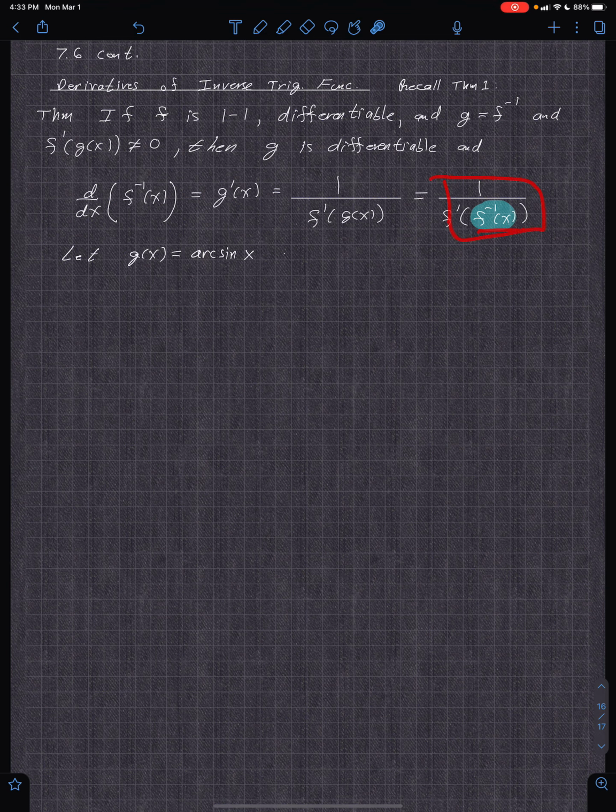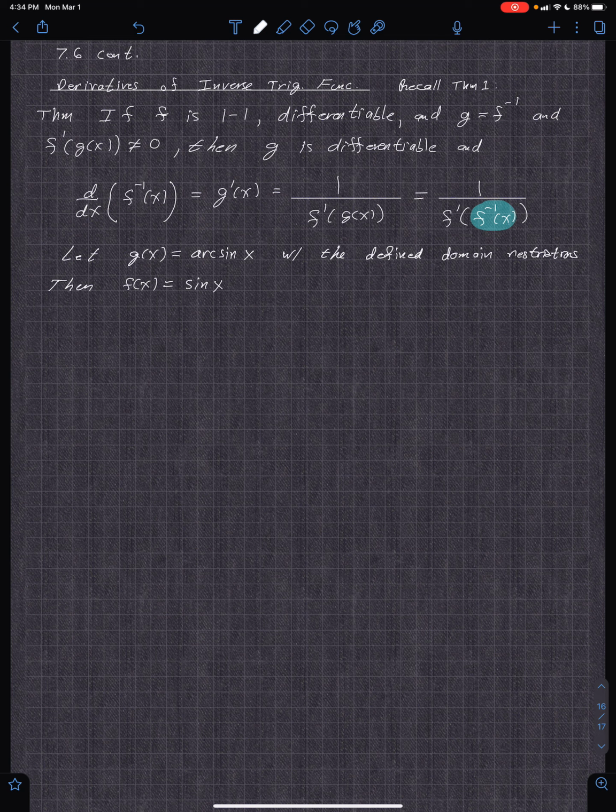So we're going to use this to define the derivative of sine inverse. Let g of x be arc sine with the defined domain restrictions. Then we say f of x is equal to sine x, because f inverse is arc sine.